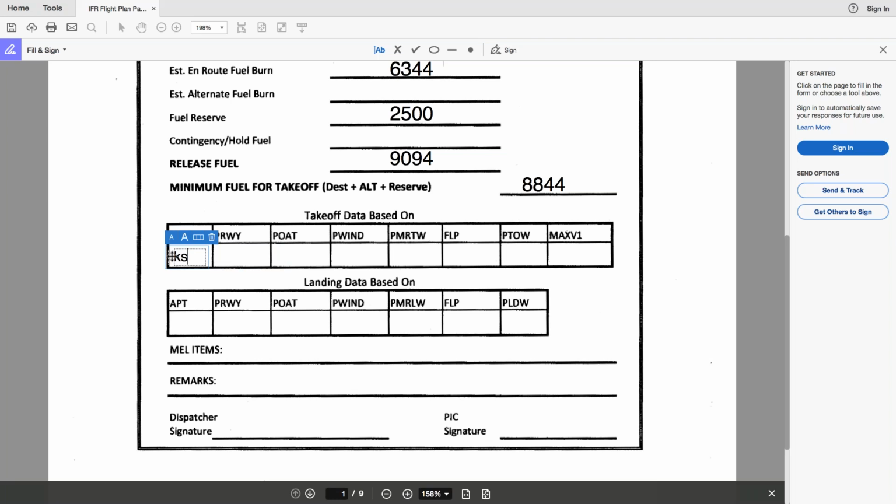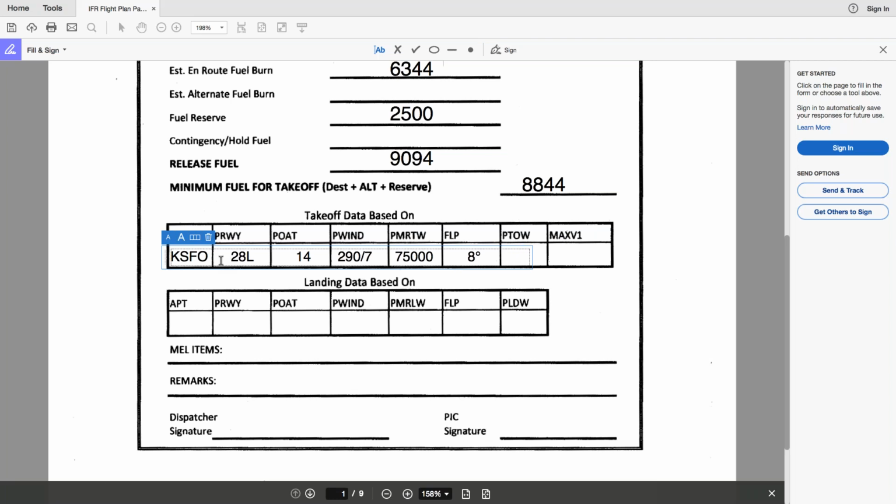For our departure airport, KSFO. Planned runway, 28 left, right. Outside air temperature 14. Planned winds. What were the winds in San Fran? 290 at 7. 75,000 pounds for our planned max runway takeoff weight. Flaps 8.